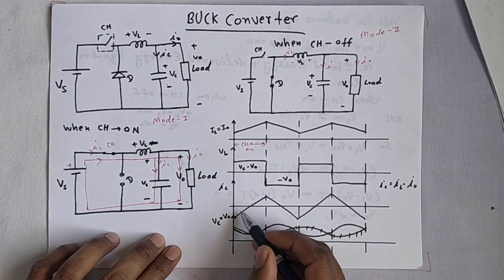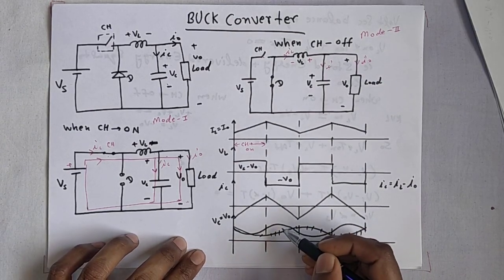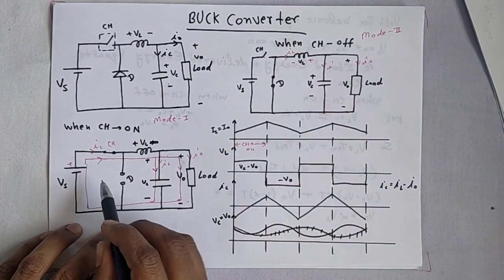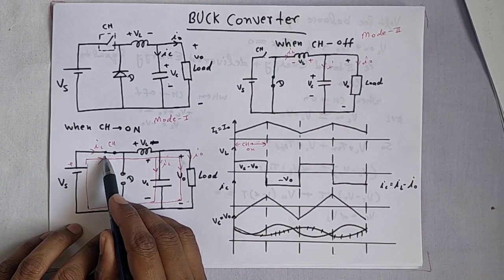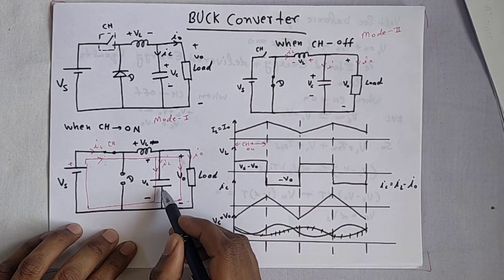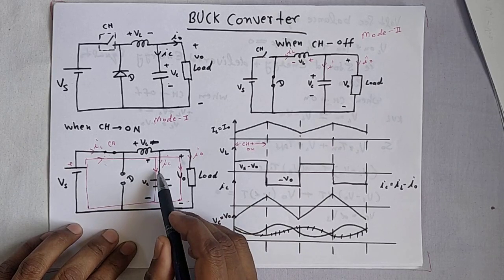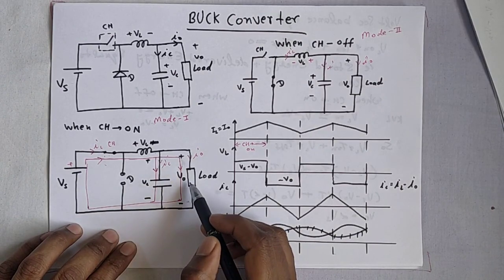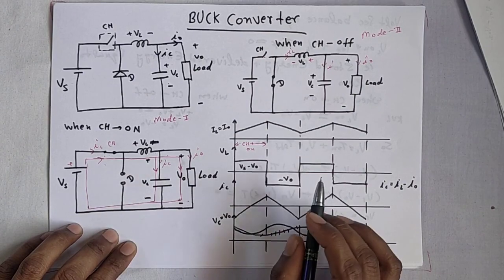This is the waveform for IC, and this is the waveform for output voltage. Now let's see how we will draw IC. When CH is on, listen carefully: the capacitor is charging, the inductor is also charging, and current flows, IC through the capacitor and I naught through the load. Inductor and capacitor are both charged.